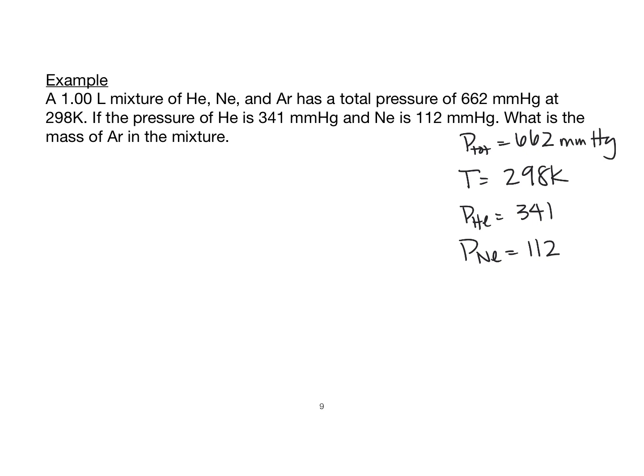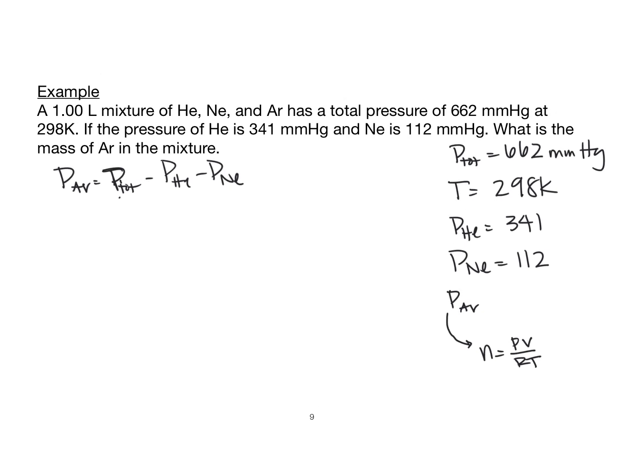So in this calculation, we need to figure out the pressure of argon so that we can then put that into n equals PV over RT, where we have the pressure of argon, the volume of the system, the R value, and the temperature. So we can determine the pressure of argon, so PAr, is going to be equal to the P total minus P helium minus P neon.